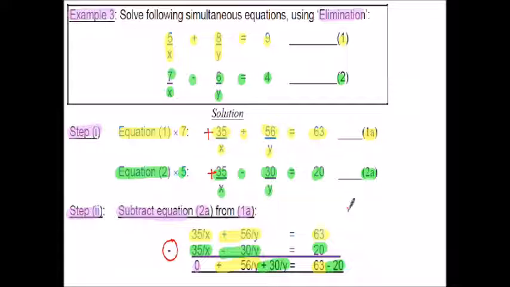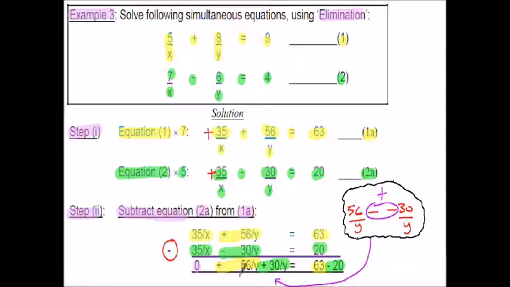Again for reference, just be careful of the double negative. We've got 56 divided by y, and we're subtracting from that the negative 30 divided by y. So this is a double negative that makes a positive. So that's how we end up with the 56 divided by y added to the 30 divided by y.